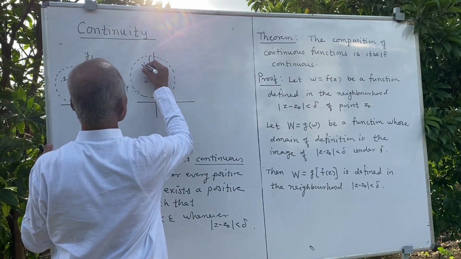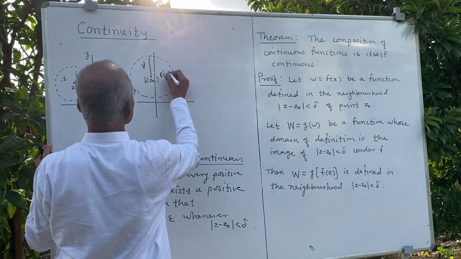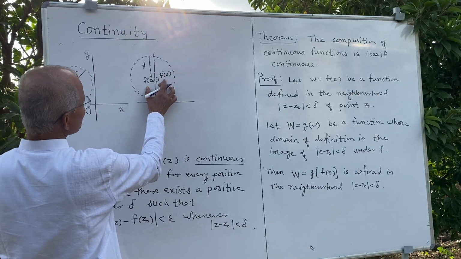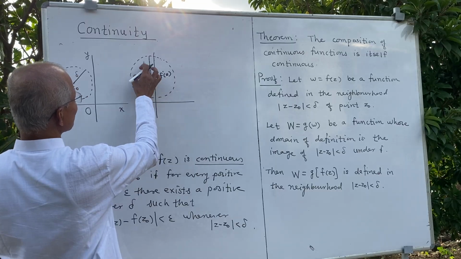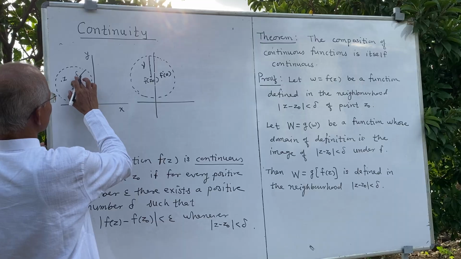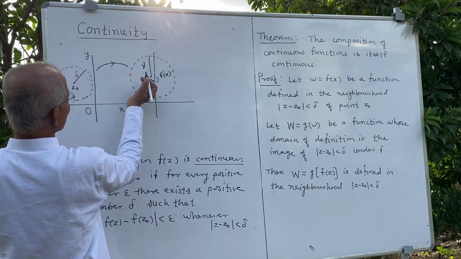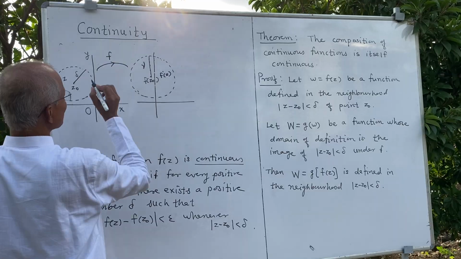So, this is gamma, and a point will be f of z. The distance between f of z and f of z naught is less than gamma whenever the distance between z and z naught is less than delta, and f maps this neighborhood to that neighborhood.